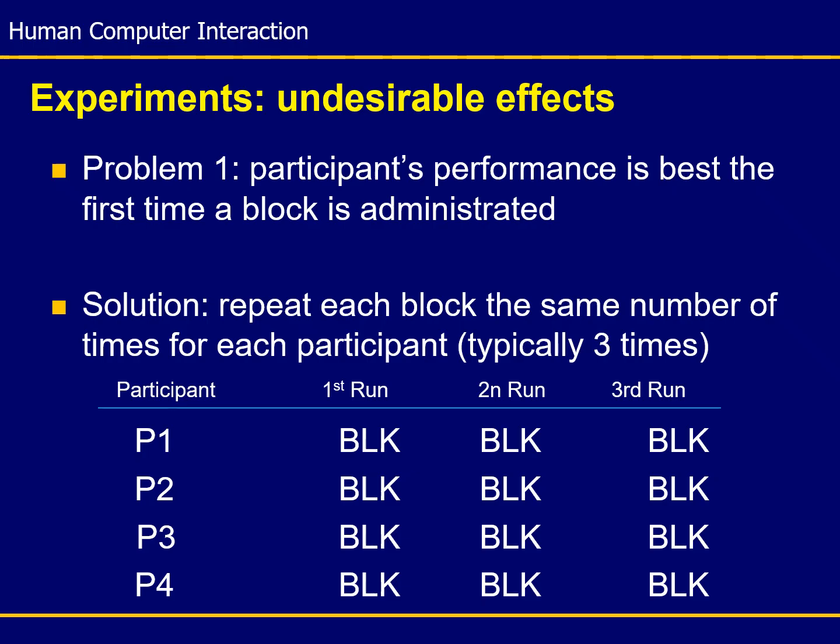So what we do to solve this problem is that we repeat the block 3 times. We run the block 3 times just to make sure that we are getting the average performance of the user. If he gets too excited at the first block, the second and third block performance will balance out the excitation, or the enhanced measurement that you've recorded in the first run.